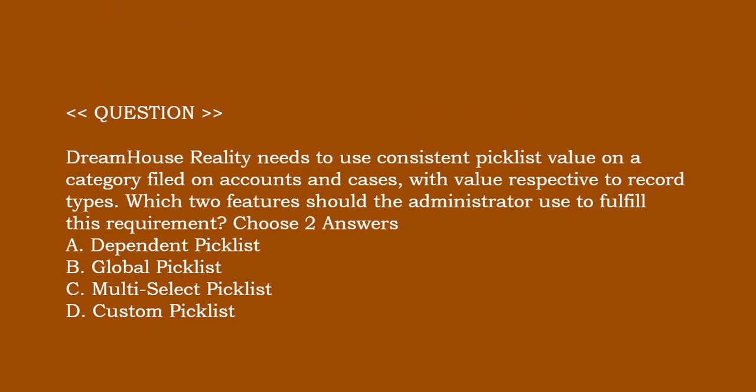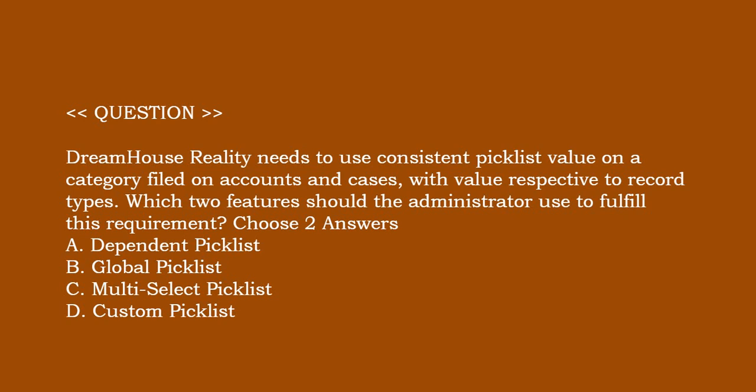Next one. Dreamhouse Realty needs to use consistent picklist values on the category field on accounts and cases, with values respective to record types. Which two features should the administrator use to fulfill this requirement? Option A, dependent picklist.